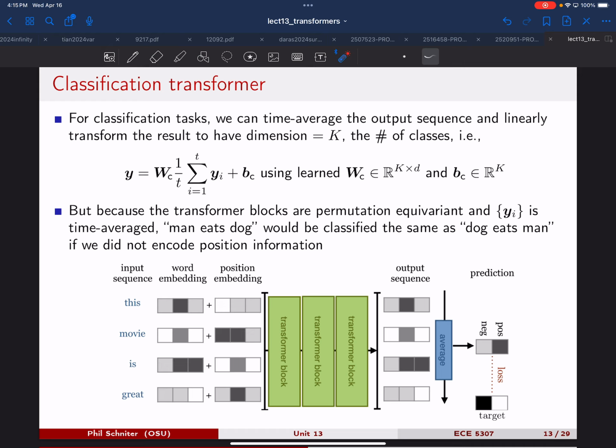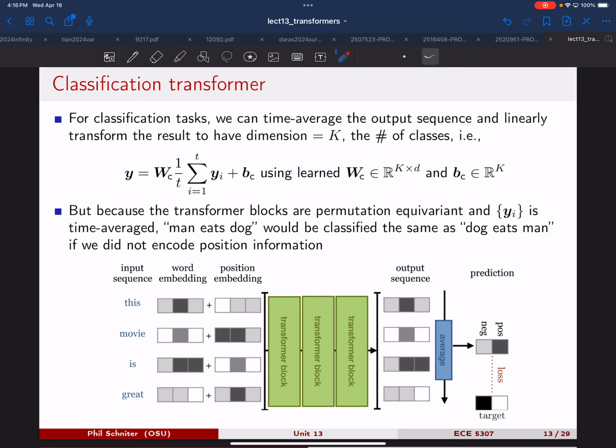And then the other thing we do for classification is we have this output sequence of tokens which represent words. We can just average them across time, and then that time average vector we can convert into a K-class representation that is trying to predict the one-hot coded label.